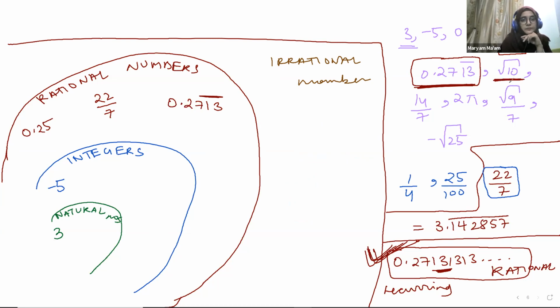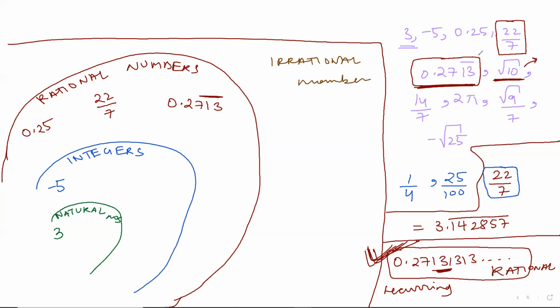Anyone? Ma'am, it's a rational number. One sec. Hamna, did you say something? Ma'am, it's an irrational number. I couldn't hear you. Could you repeat? It's an irrational number. Okay, you were saying it's irrational. Mridula? Ma'am, it's irrational.